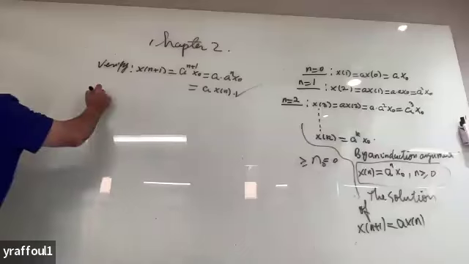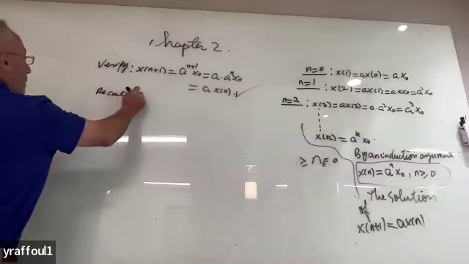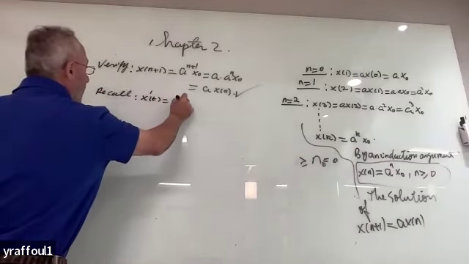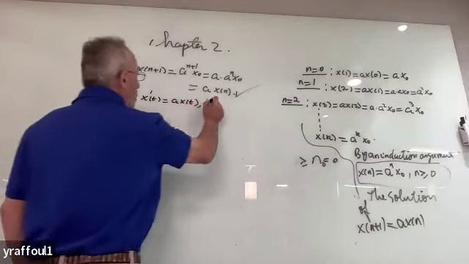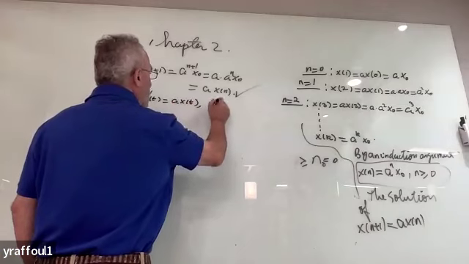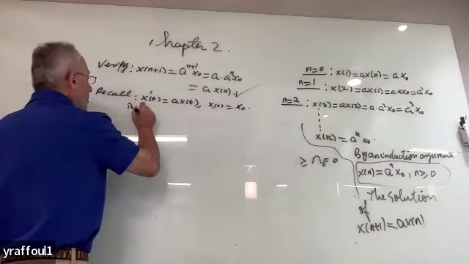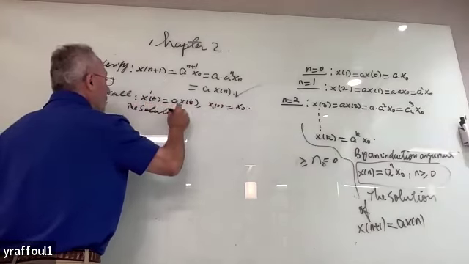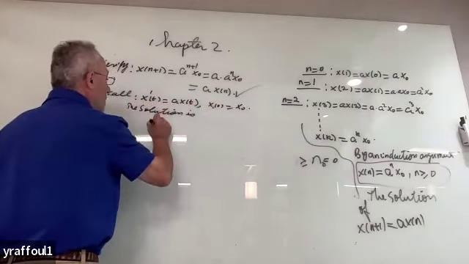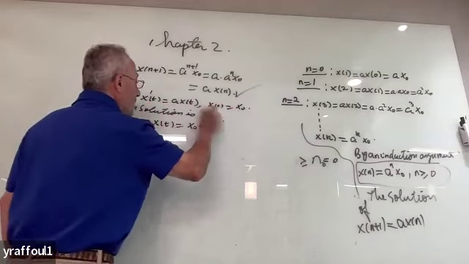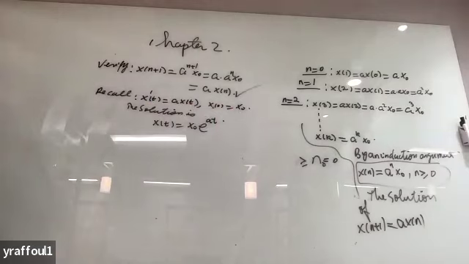So recall, if I have x prime of t equal a x of t with x of 0 equal x_0, then the solution is x of t equal x_0 e to the at. Correct?